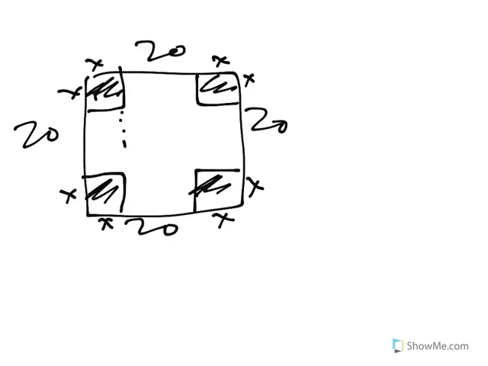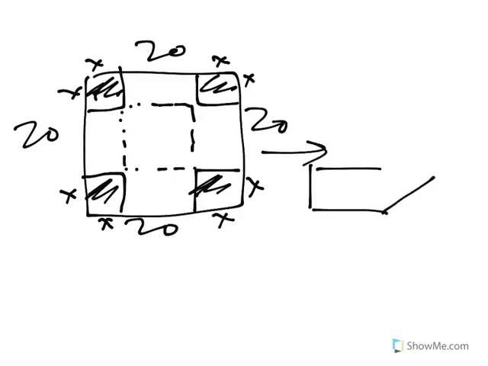And then I fold it up so that this square in the middle becomes the base and the other four things become the sides. So this ends up being a box that has no top. It ends up looking like that, an open top box.